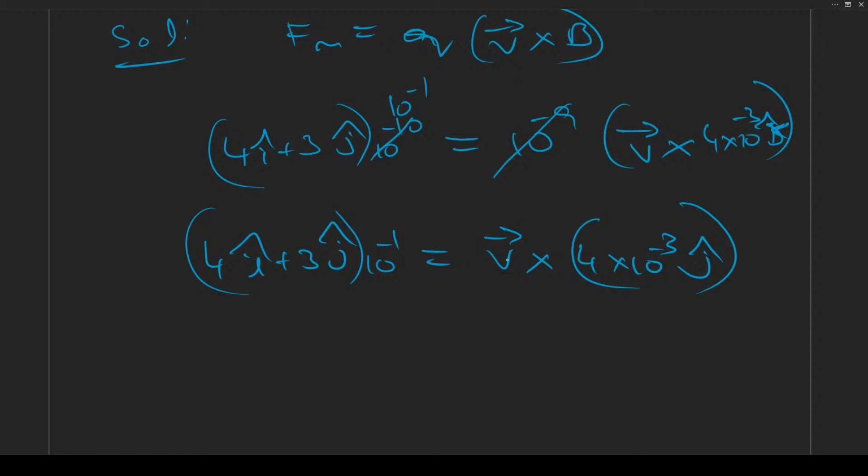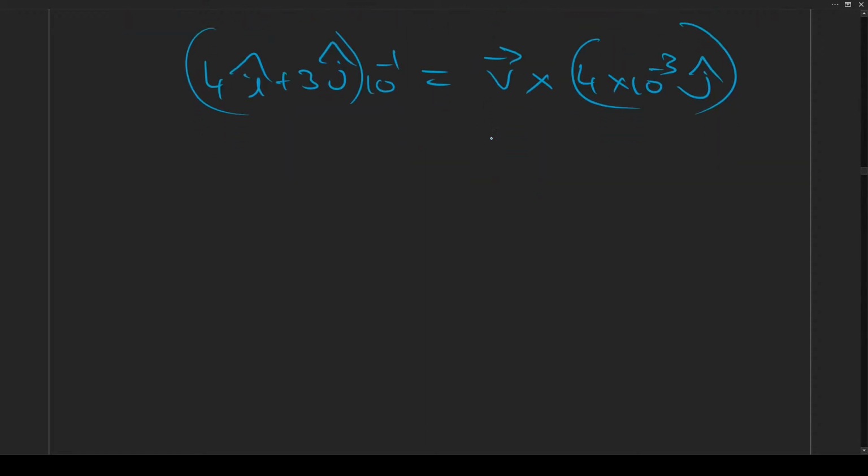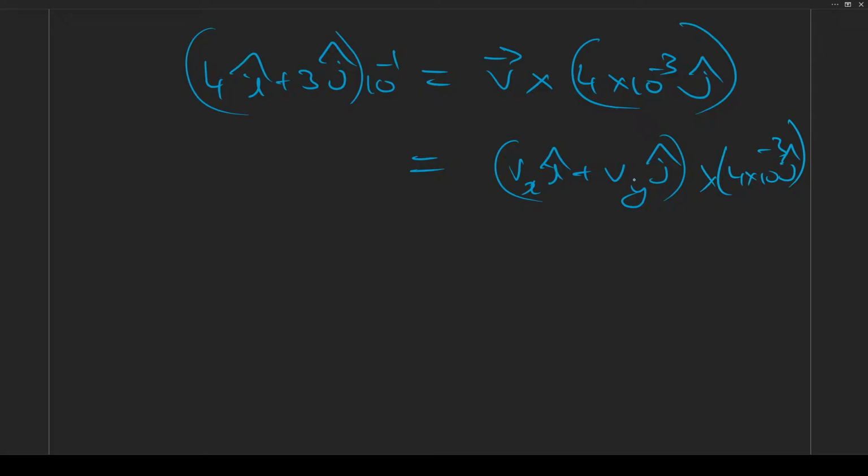And since they said it is acting along the xy plane, so we can write it as vx i cap plus vy j cap cross 4 into 10 power minus 3 k cap.